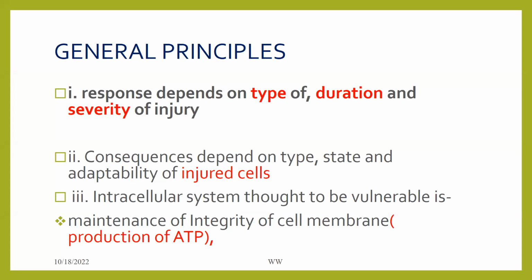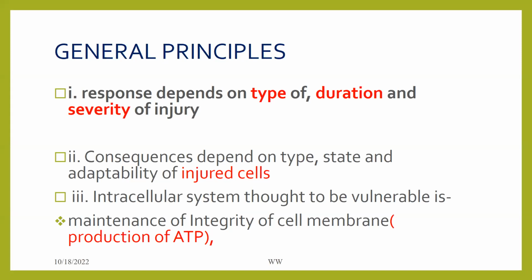Then the consequences will depend also on how adaptive the cells are. Okay, there's the type of injury, the duration, and the severity. Direct fire is more severe on cells than water. But then, if you burn skin as opposed to burning bone or muscle, the consequences will depend on the type, state, and adaptability of the injured cells.